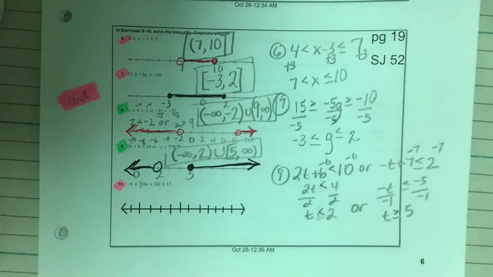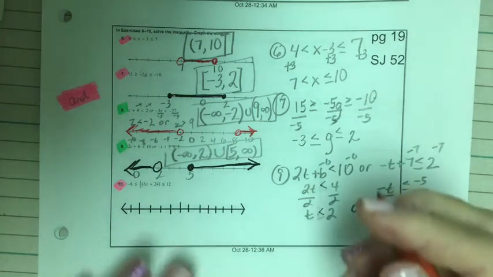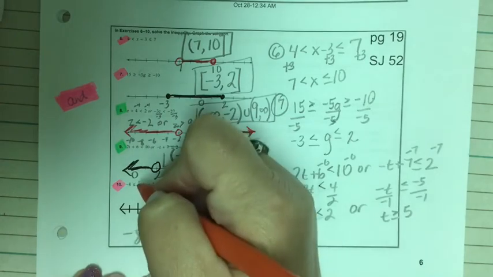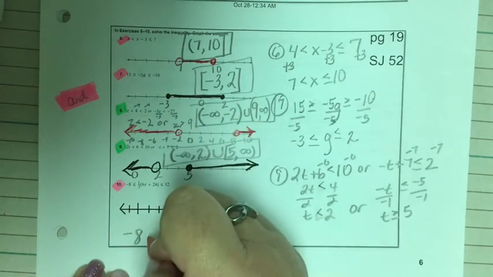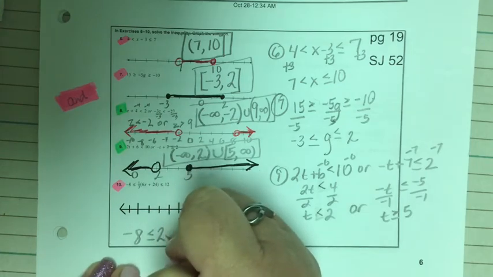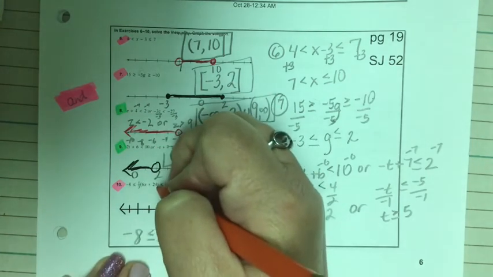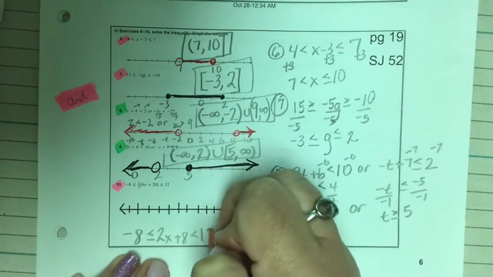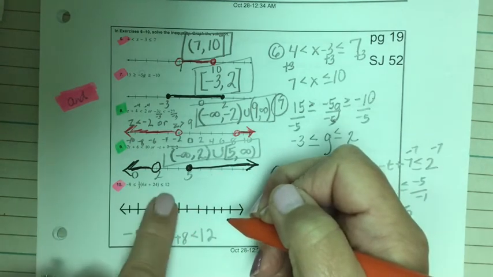Final one. I'm going to distribute that 1/3. 1/3 times 6x would be 2x. It would be 6/3 x, which is 2x. 1/3 times 24 would be 24/3, which is 8. Both of those are equal to.